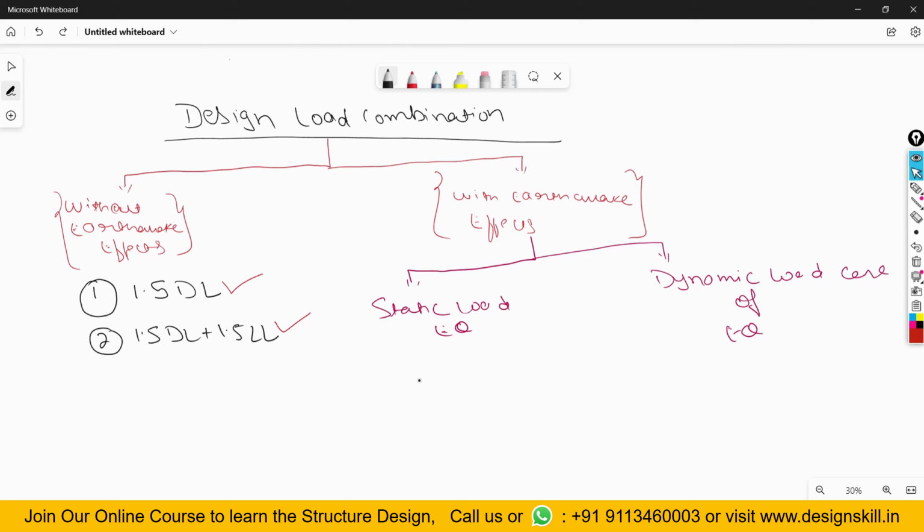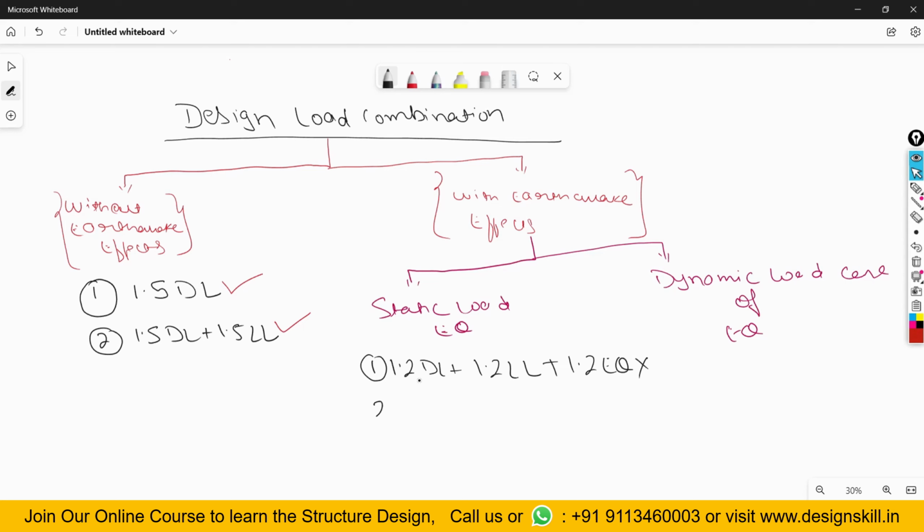So the first load combination you can write here will be 1.2 dead load plus 1.2 live load plus 1.2 EQ. If you are considering the x direction, then you can write EQX.